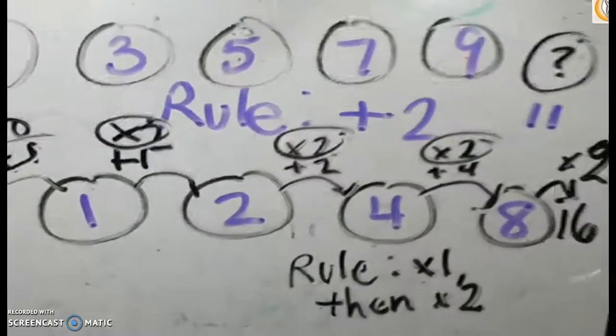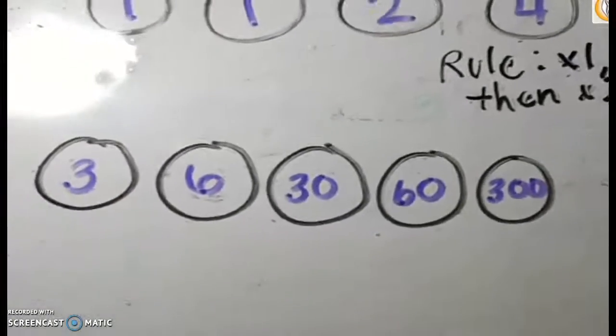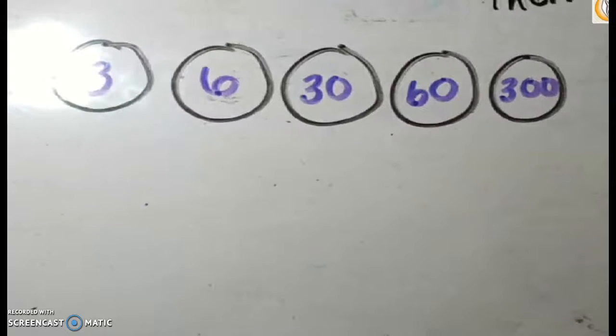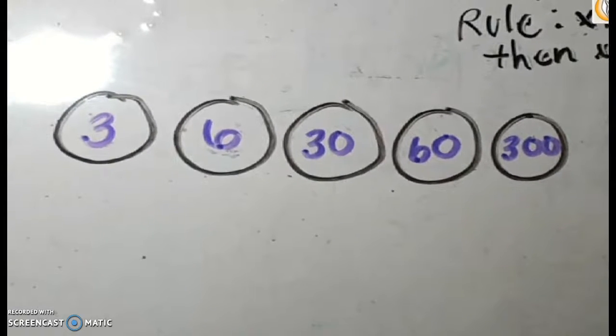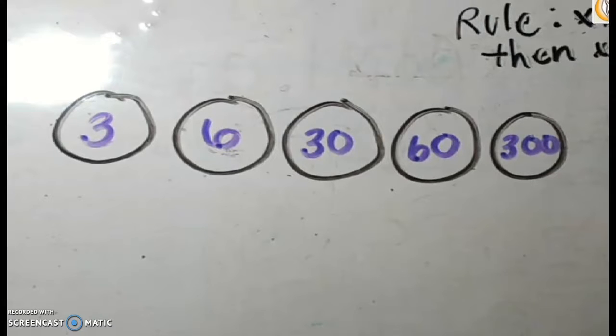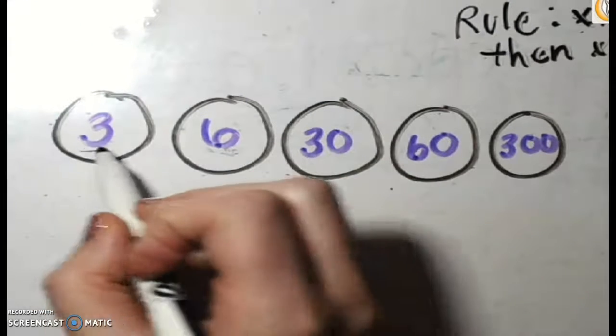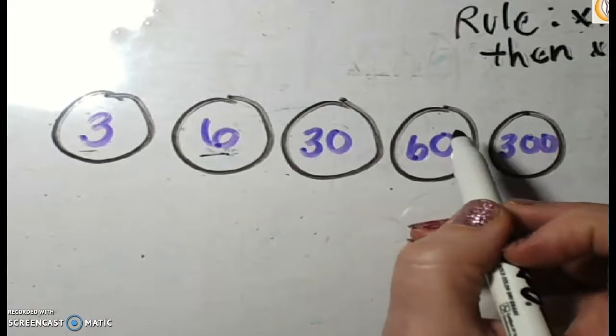Let's try it with one more that's even a little bit harder. So let's say I have the number pattern 3, 6, 30, 60, and 300. Well, at first glance, I kind of see something. I notice that we have a number in the ones place, and that repeats 2 times.